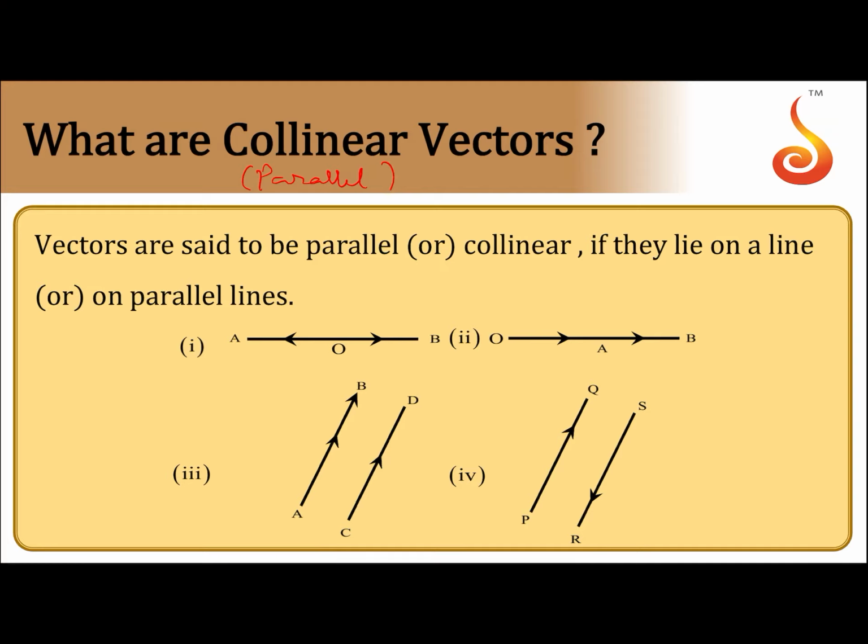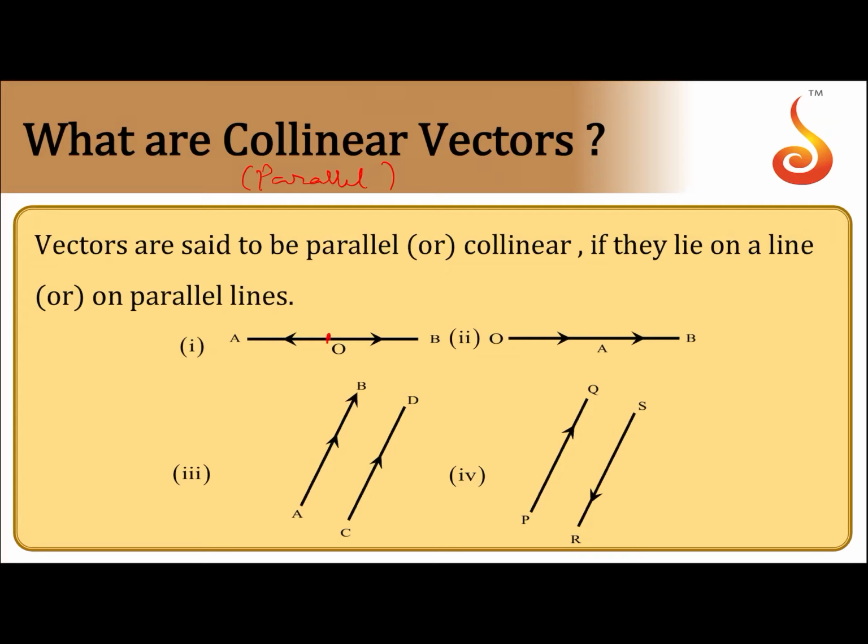Vectors are said to be parallel or collinear if they lie on the same line or are parallel to one line. In the sense that when you take two vectors, their lines of action are parallel to one line or they lie on the same line, but they may be in different directions.